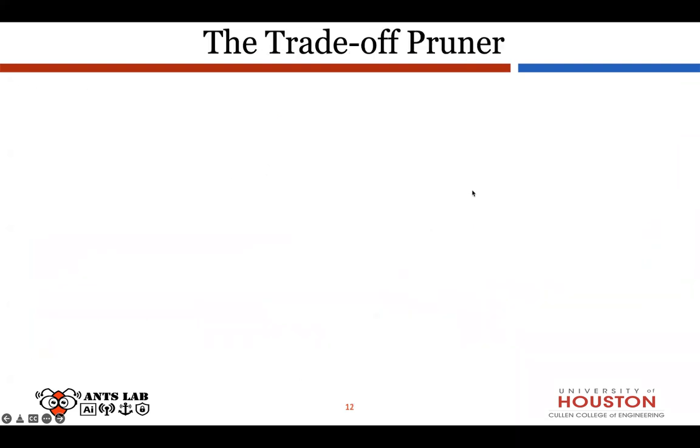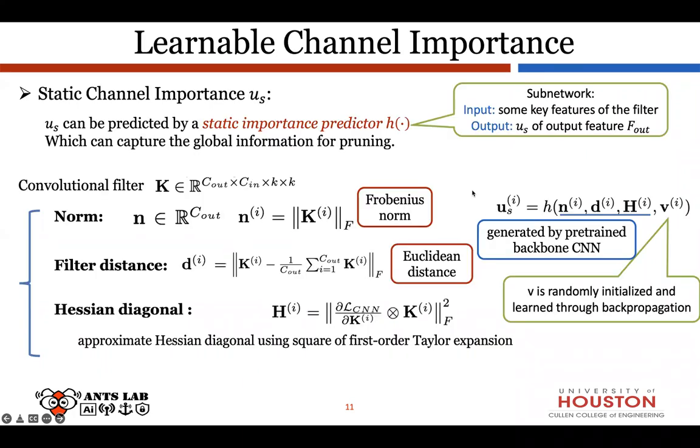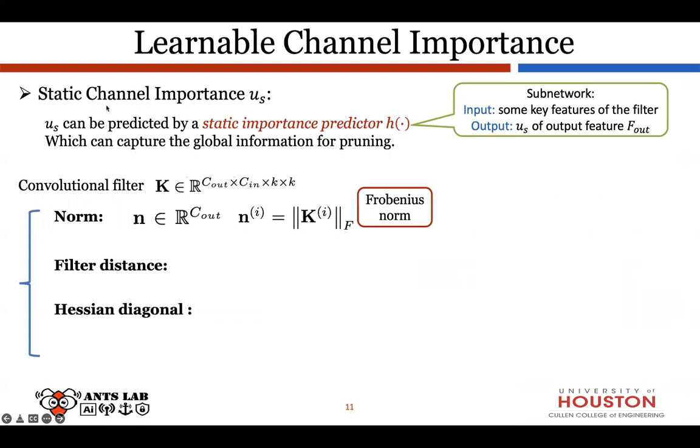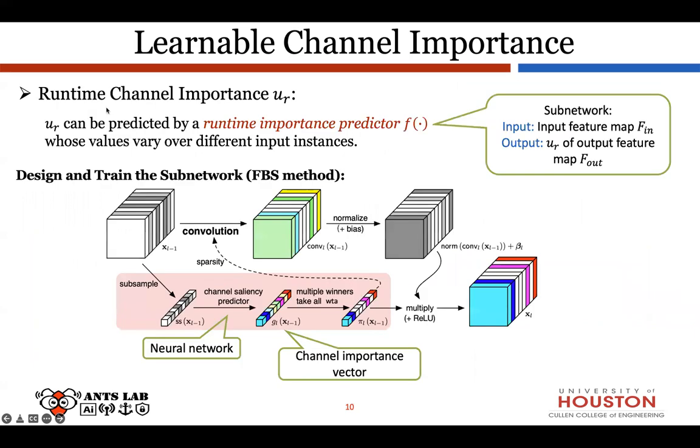Next, I will... So here, what is the difference between, for example, this predictor and the previous predictor? Looks like their input is very different. So why? Yes, because for the runtime channel importance, for different inputs, we may have different channel importance.